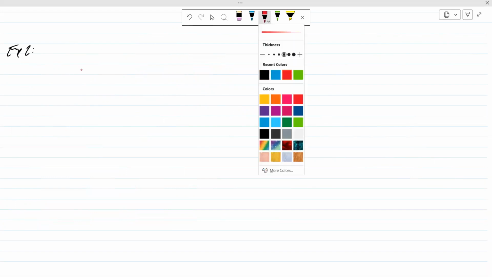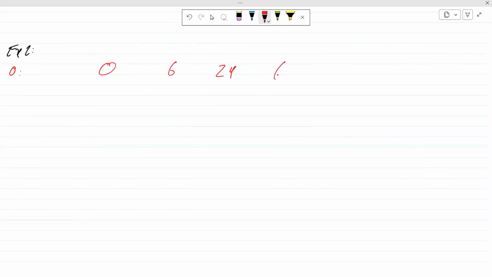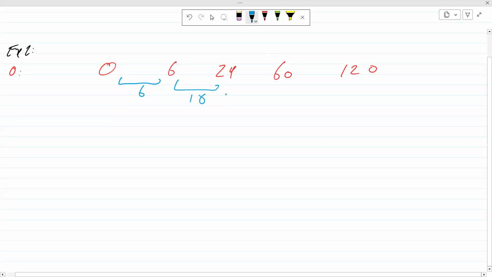The original sequence we have is 0, 6, 24, 60. First difference is 6, 18, 36.